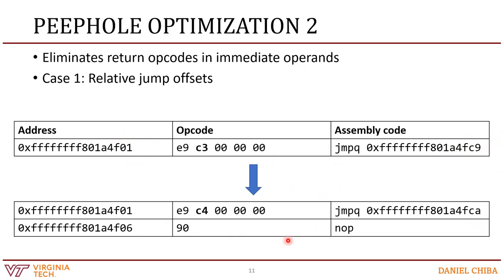So we jump one address further. So C3 is effectively replaced by C4 in the machine code.